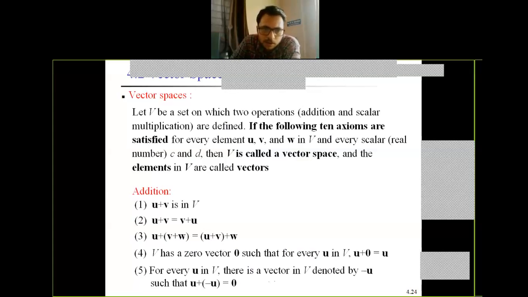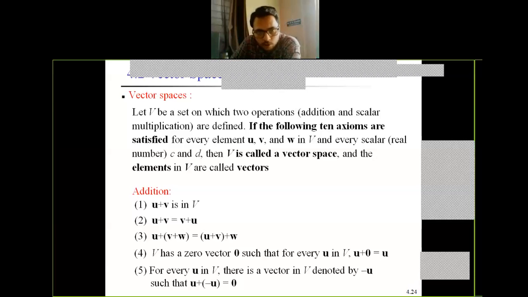Here, where the vector space has been defined and the 10 axioms are given, first the addition properties are given. The first 5 properties are addition properties. One by one, line by line, I will explain these properties. Also, every time we don't have to check whether a given space satisfies all 10 axioms.